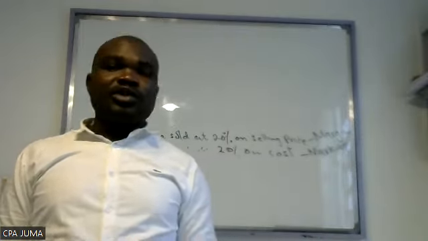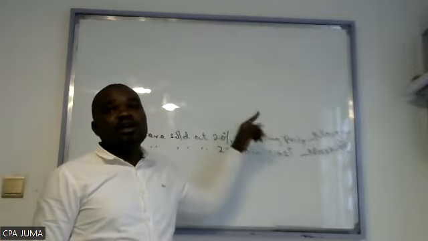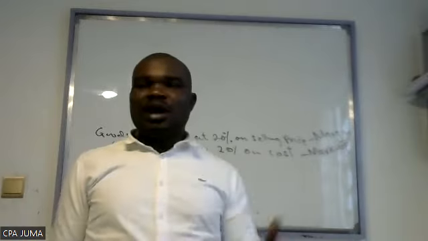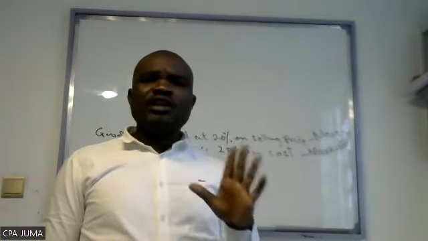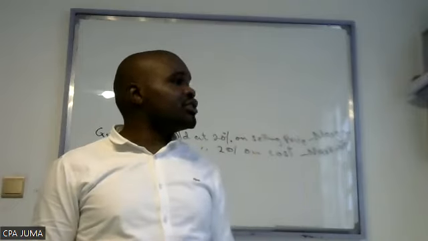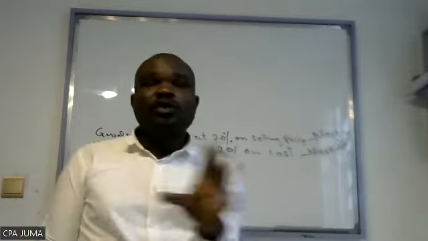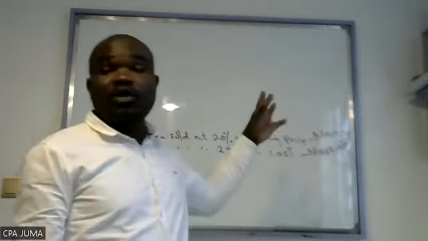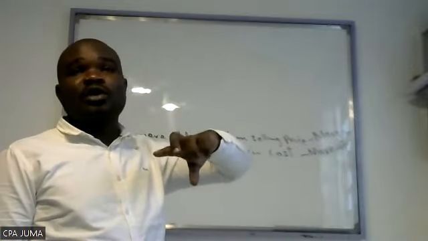So in most questions, the examiner will be giving you markup instead of margin. So you need to know how we convert markup into margin. There is a long process of coming up with that, but we have a small way of conversion. We are not writing a project here, just something small on how we convert.